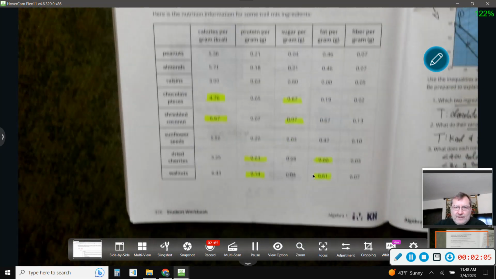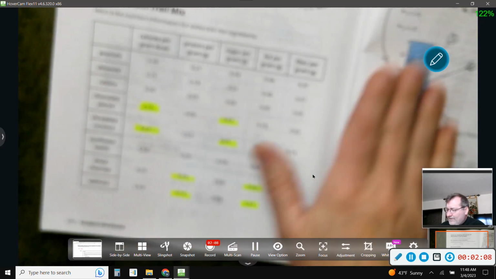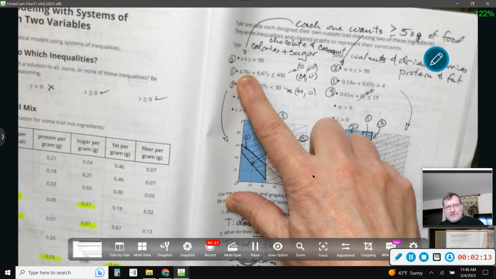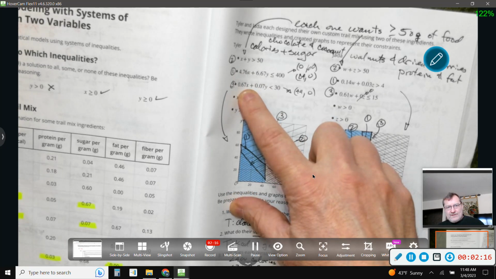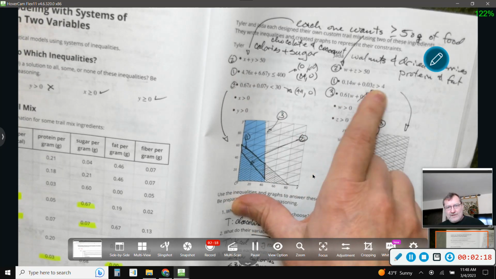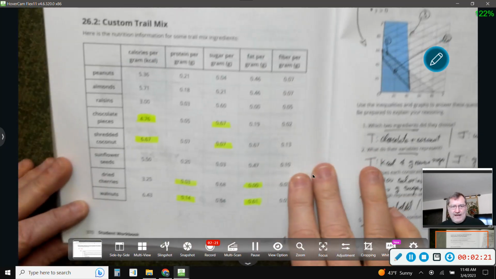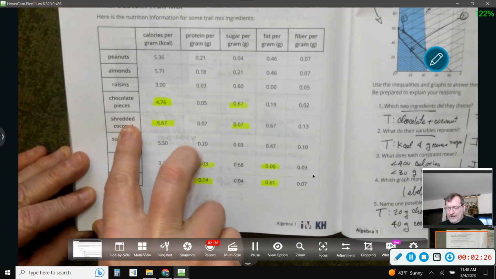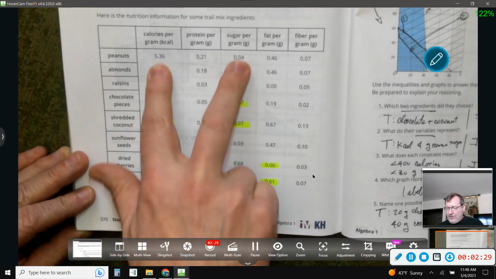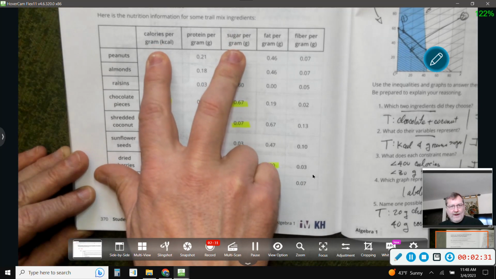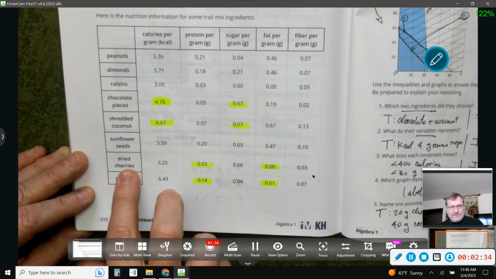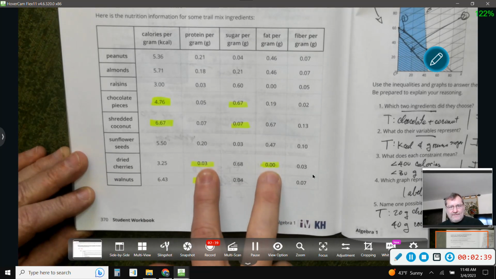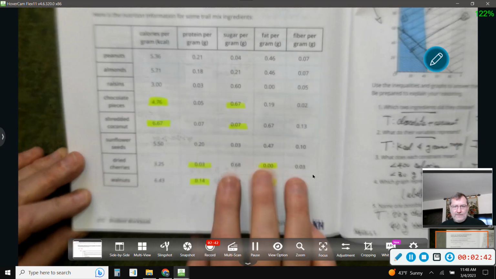If I look at the numbers that are being processed over here, these numbers that you have, 4.76, 6.67, 0.67, 0.07, etc., what you find out is that one person is picking chocolate pieces and shredded coconut, and they're basing it upon calories and sugar per gram. And then you go down here, another person has picked dried cherries and walnuts, and they're deciding based upon protein and fat per gram. So that's what they're doing here.